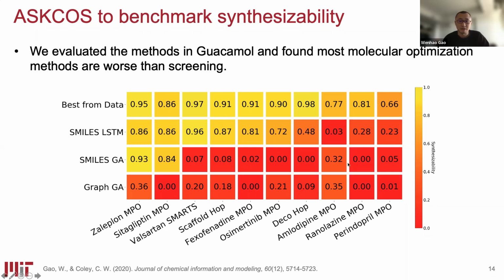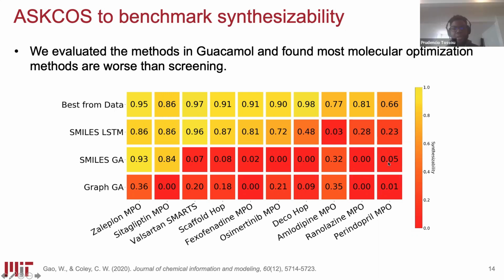The results vary according to different properties, but all of them are significantly worse than the virtual screening baseline. And in some cases, there are even no synthesizable molecules found in the top 100 suggestions, which implies post hoc filtering after a normal de novo design algorithm may not be a good strategy.